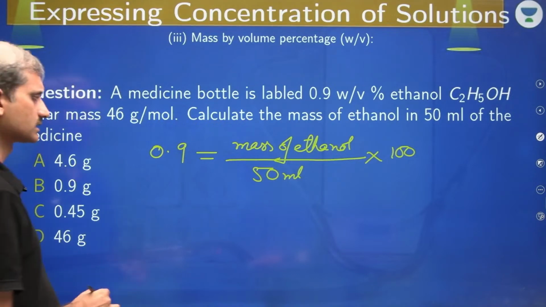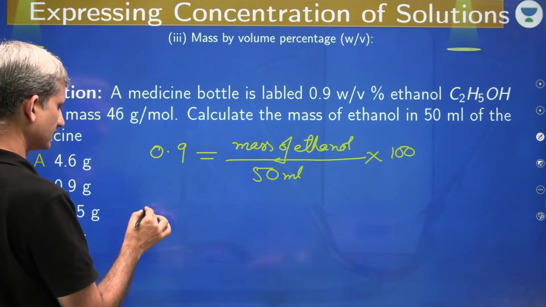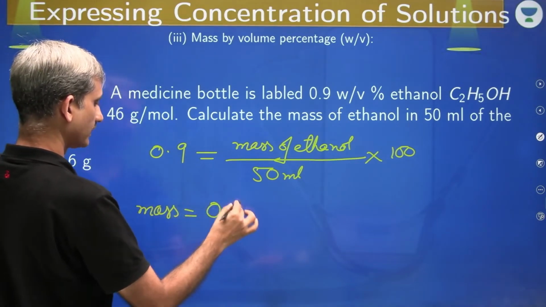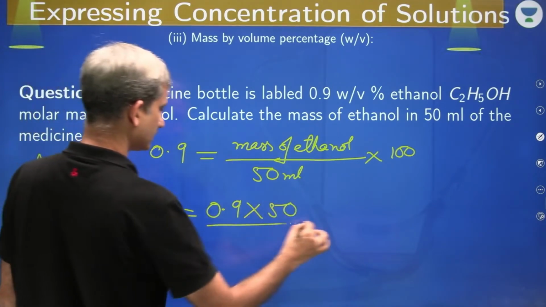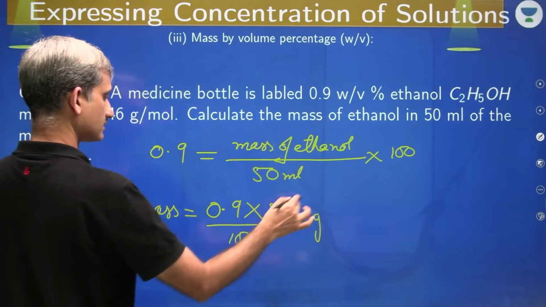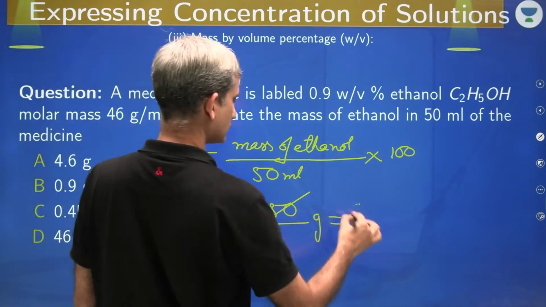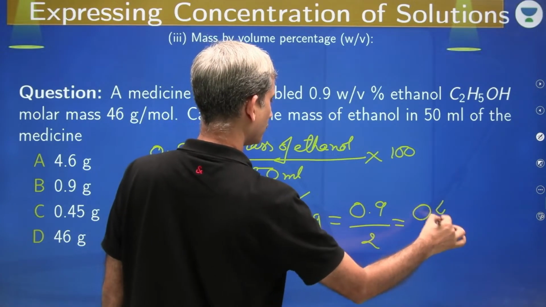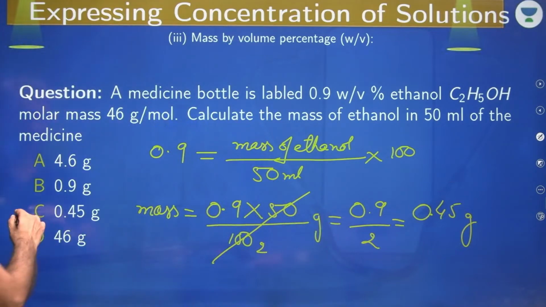So, what exactly do we get? We get mass is equal to 0.9 multiplied by 50 divided by 100 grams. So this 50 goes off, this is 2, and this is 0.9 by 2, that is equal to 0.45 grams. So the answer is C.